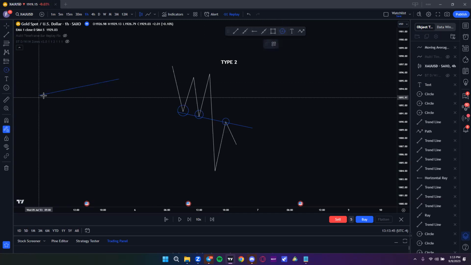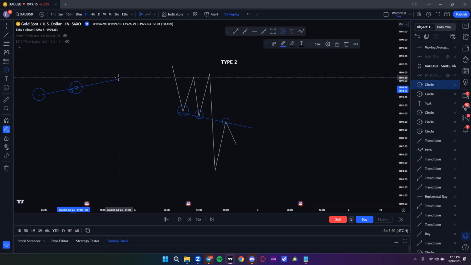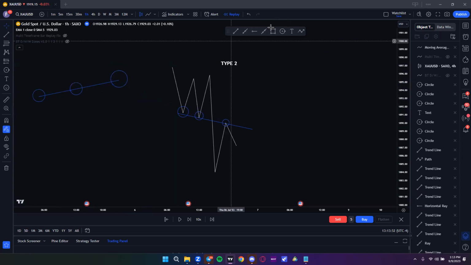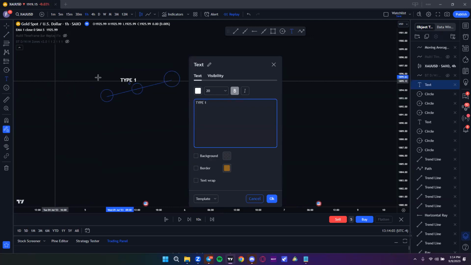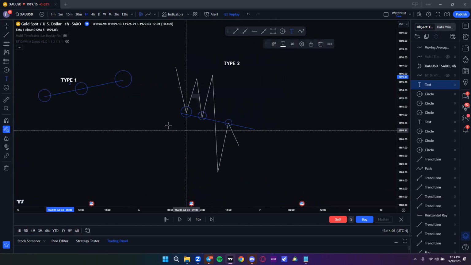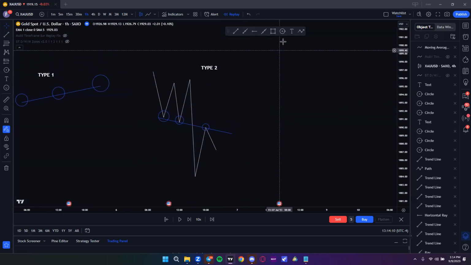Tap 1, tap 2, tap 3. So that's trend line type 1. That's right. Type 3 is going to be like a head and shoulders pattern.